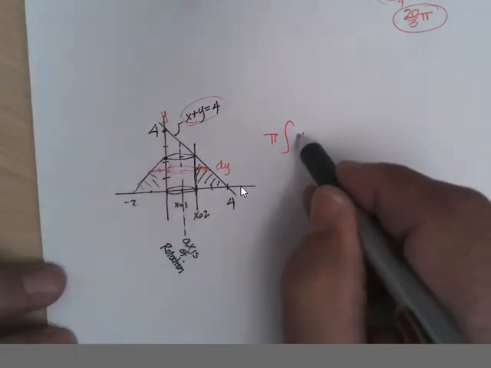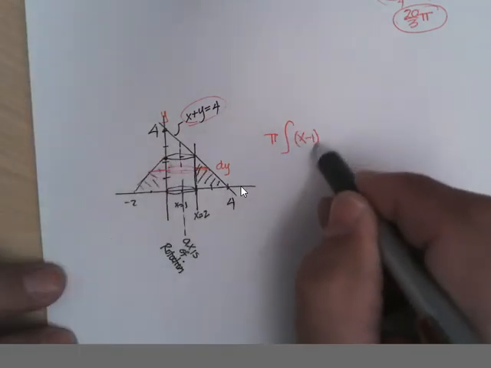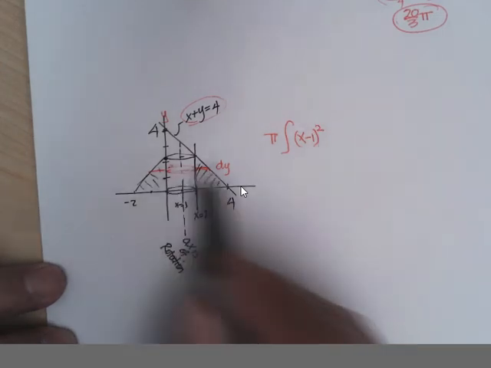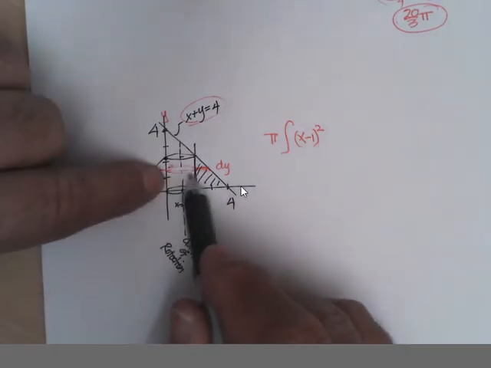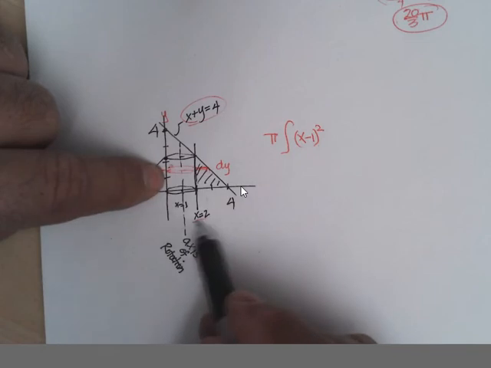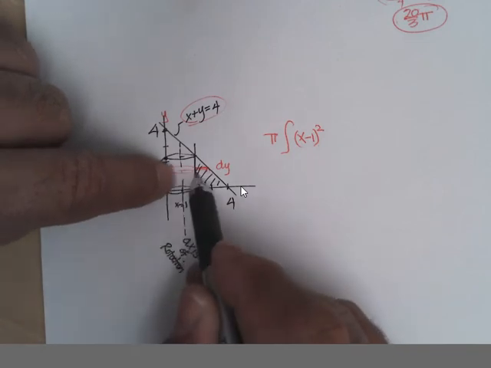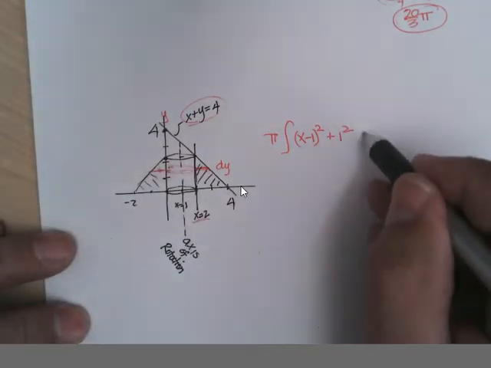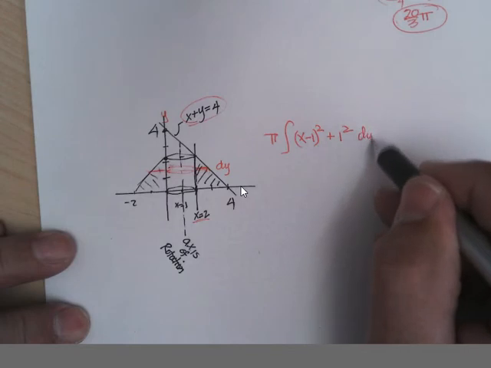So the large radius is x minus 1. And the small radius, well, the x is this long, it's 2, but it's 2 minus 1, so it's 1. And the thickness is dy.